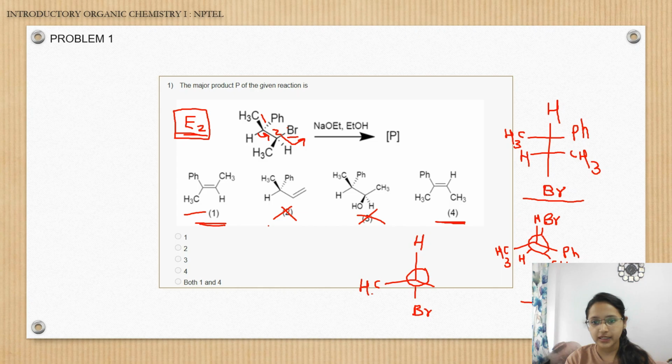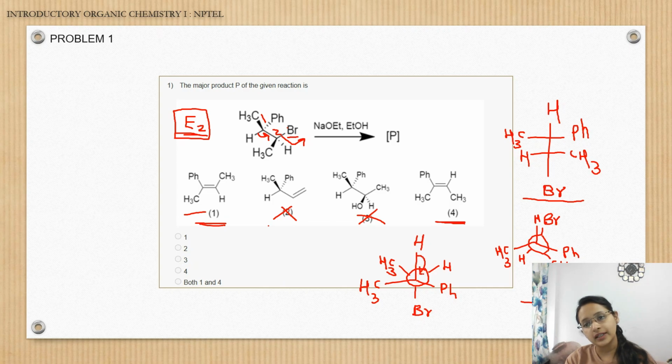See, here it is methyl, here it is phenyl, right? And this is hydrogen, this is what? This is methyl. So this is what you have now. So you can now see this hydrogen and Br, they are anti-periplanar to each other.